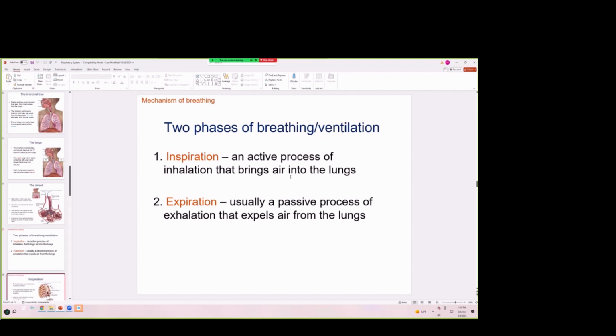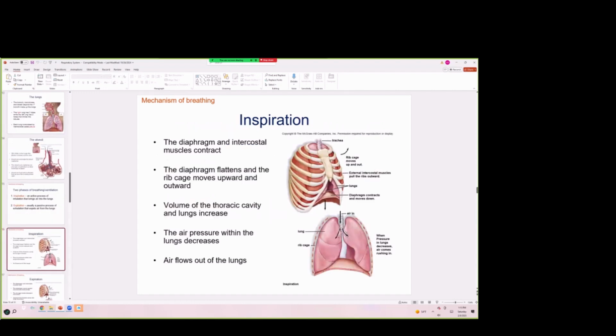What is involved in inspiration? If you breathe in, certain things happen. This is our rib cage. In between our ribs, we have muscles called intercostal muscles. When they contract, like when we are breathing in, our chest rises and expands because our rib cage rises and expands.